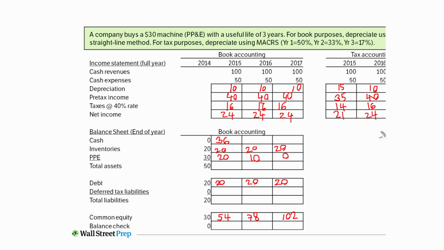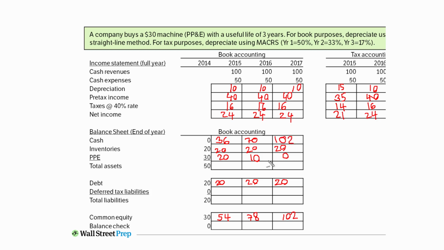In the next year, there's an increase of cash of 50 minus 16, of 34. We started with 36, so now we're looking at 70 in cash. And last but not least, 50 in operating profits minus a tax payable to the IRS of 18 gets us another 32 to 102.